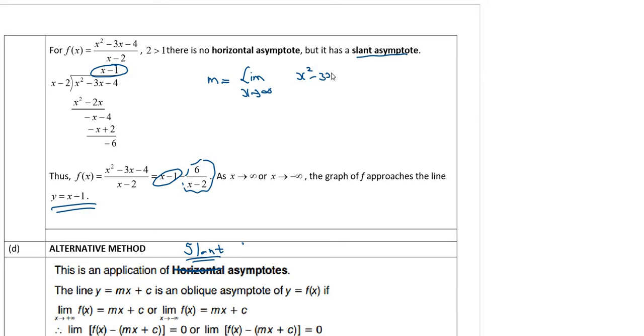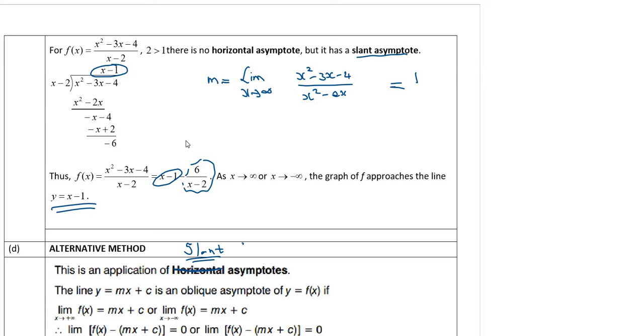We've done limits, so this is not a problem for us. So basically you just multiply the bottom by x, so you get x squared minus 2x. Now if you have to find this limit, it's very easy, because we know that the degree is the same for the top and the bottom. So it will be the leading over the leading, so we're going to have 1. Just remember that it is a straight line, and you are calculating m here.